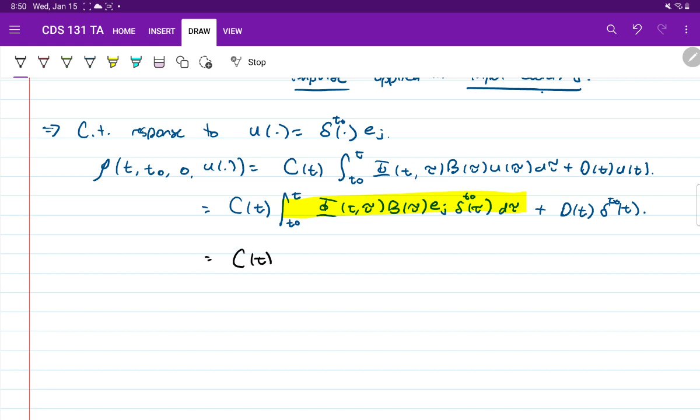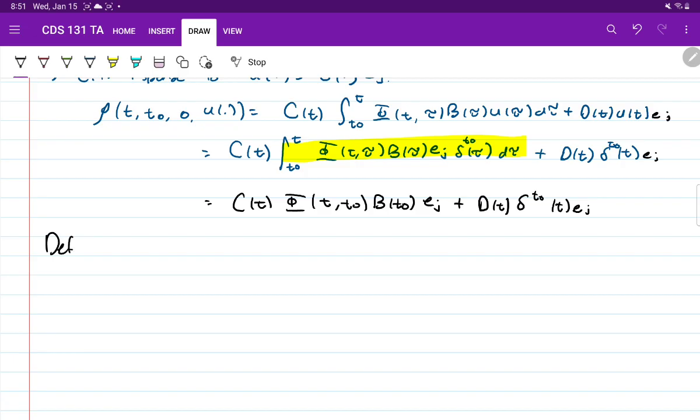So this is equal to C of t, Phi of t comma t naught, B at time t naught, times e_j, plus D at time t, delta t naught at time t. Okay? Oops, I'm missing an e_j. My gosh. All right. Now, if I go ahead and take coordinate i of this, we'll end up with the following formula. Okay? Let me go ahead and state this formula in the form of a definition.